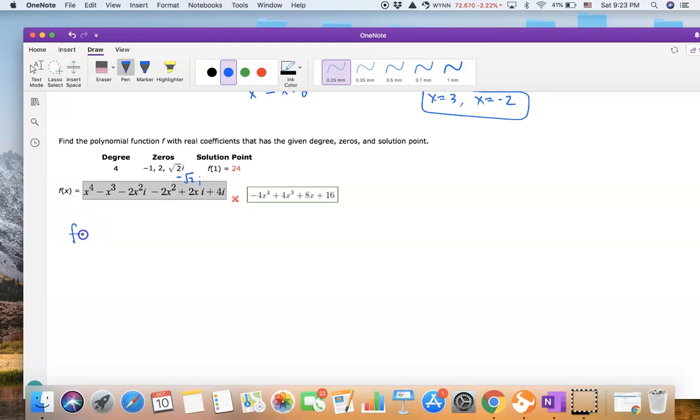So we can write f(x) in this form: a_4, because the degree is 4, so the leading coefficient is a_4, times x minus negative 1, times x minus 2, times x minus the square root of 2 i, times x plus the square root of 2 i.